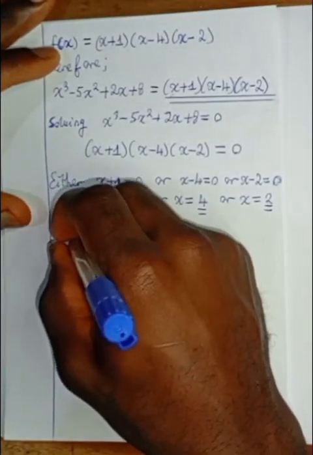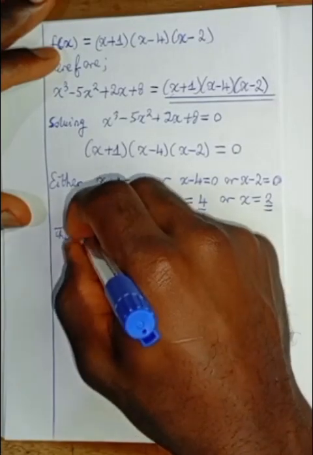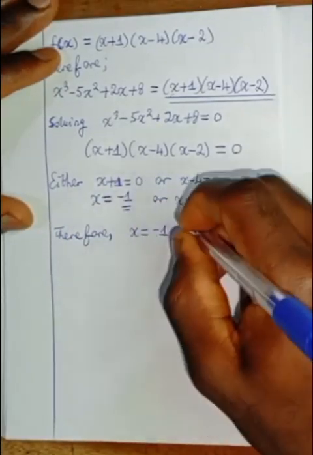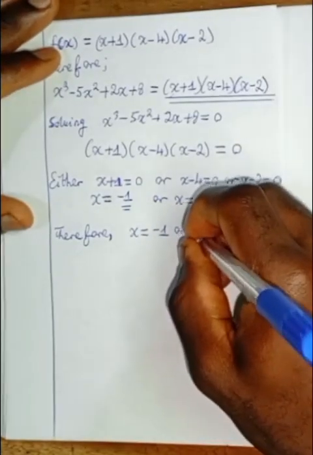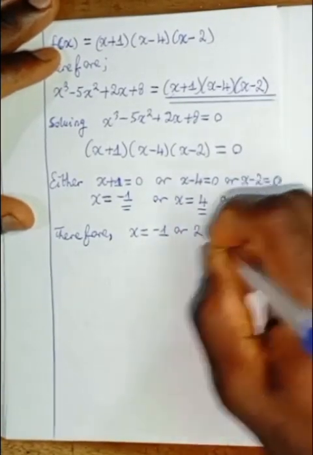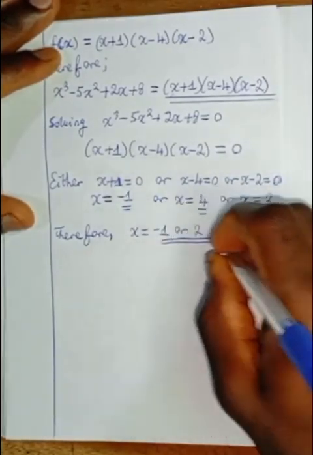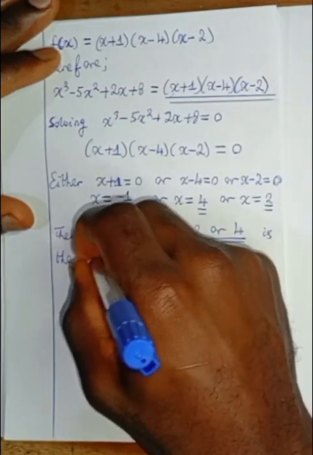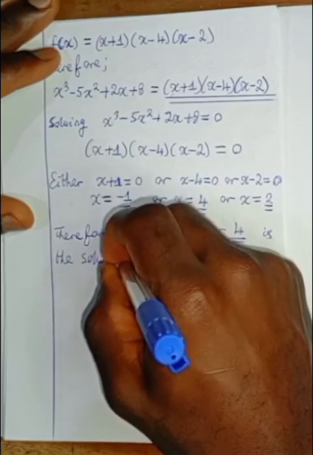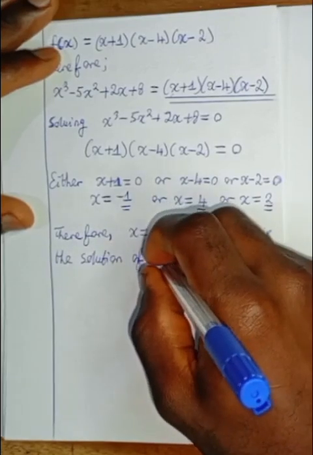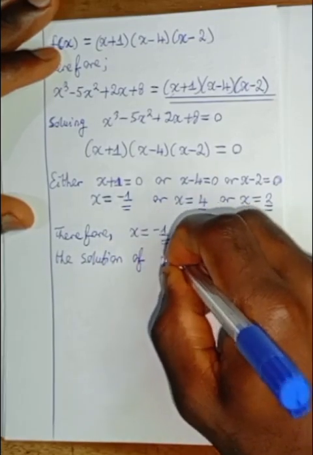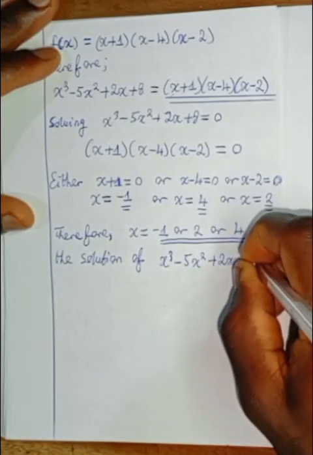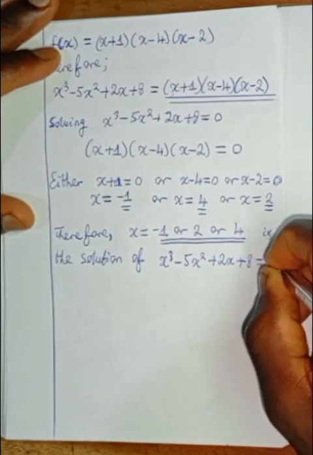Therefore, we're going to conclude that x equal to negative 1, or 2, or 4 is the solution of x cubed minus 5x squared plus 2x plus 8 equal to 0.